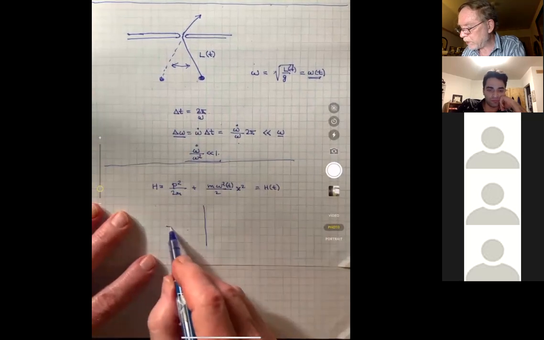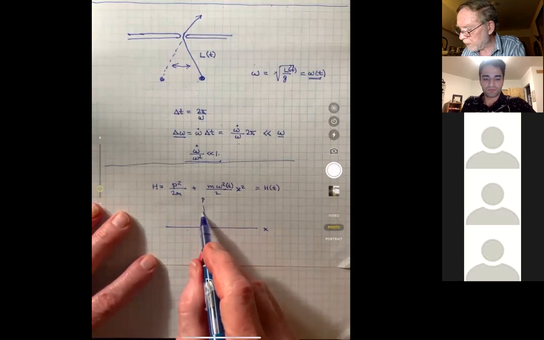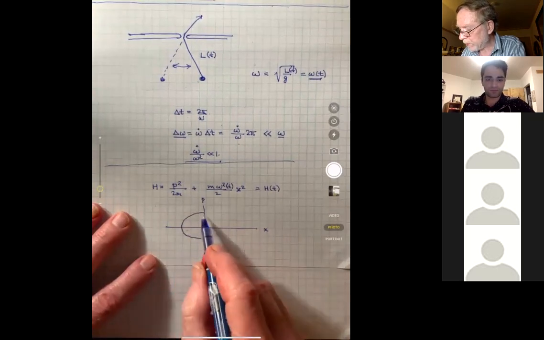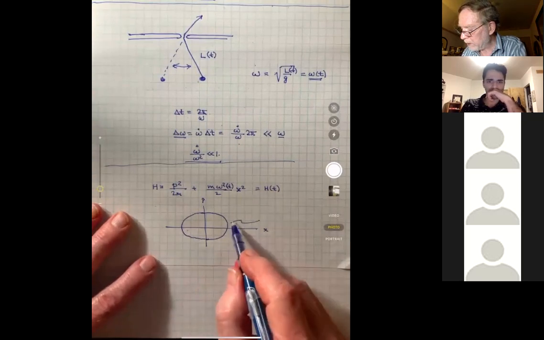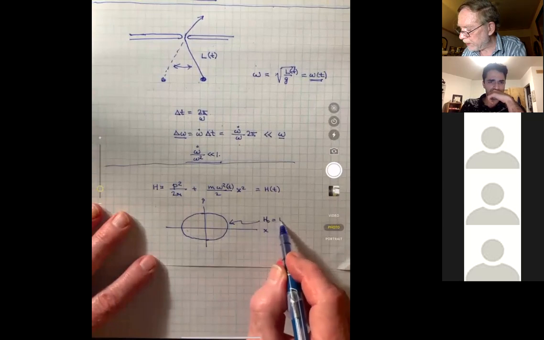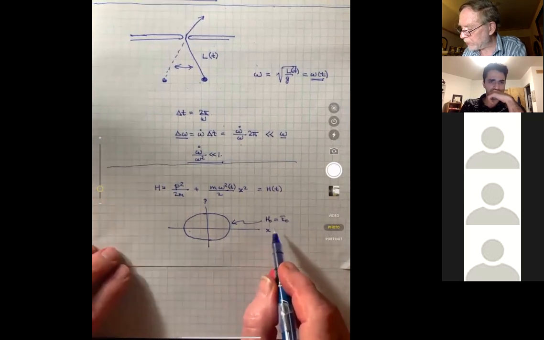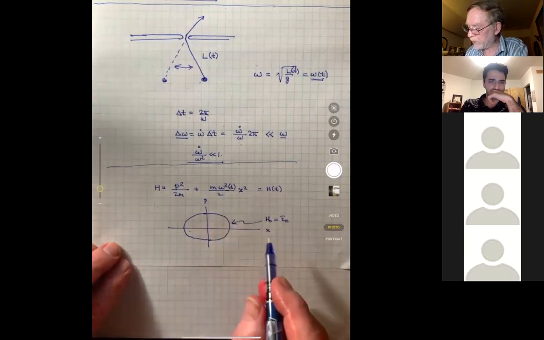So that means that there's an orbit in phase space, x and p, which is an ellipse, because the contours of the Hamiltonian give us an ellipse. So if this is at t equals 0, this is the equation H0 is equal to E0, where E0 is the energy at t equals 0, and H0 is the Hamiltonian evaluated when omega is evaluated at t equals 0.